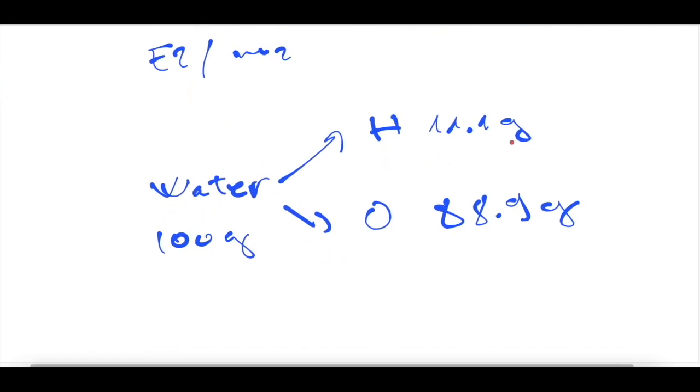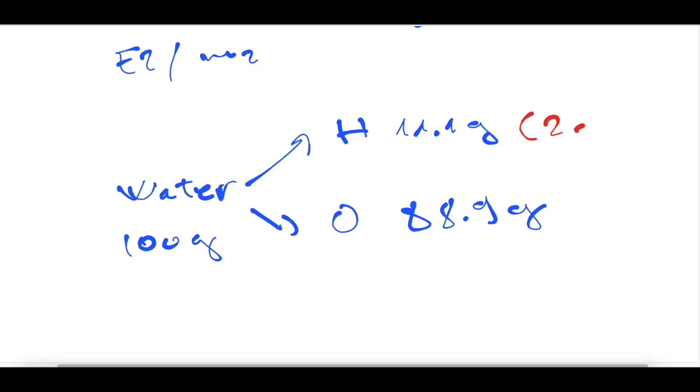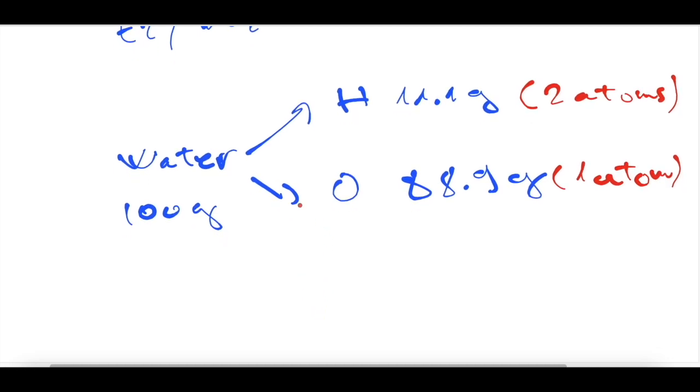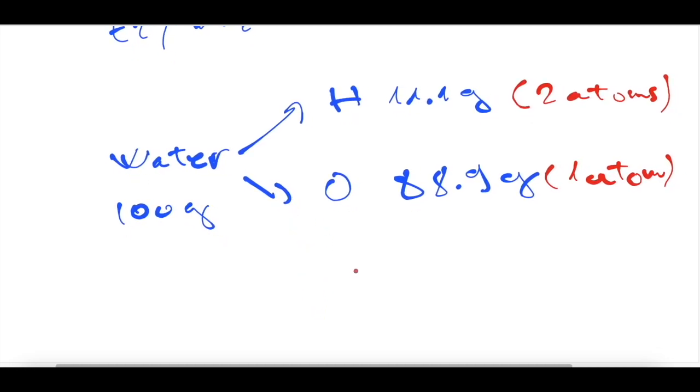And later it was discovered that water is composed of 2 atoms of hydrogen and one atom of oxygen. Therefore, there were twice as many atoms.